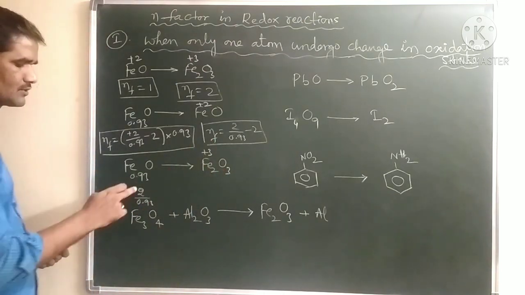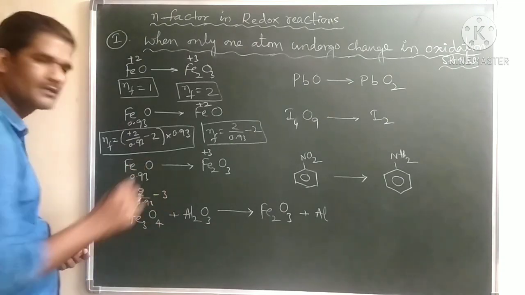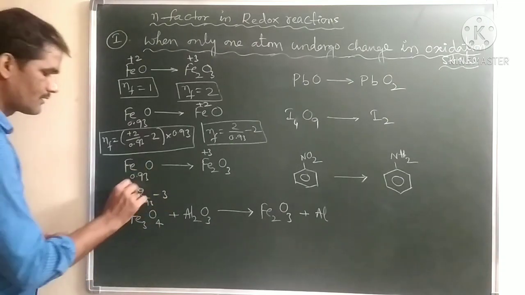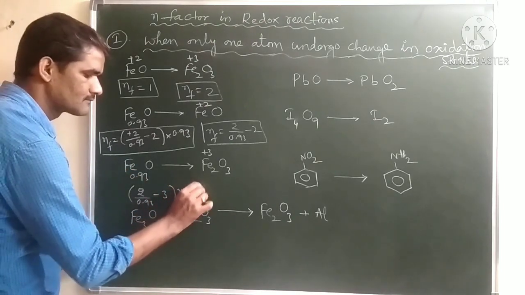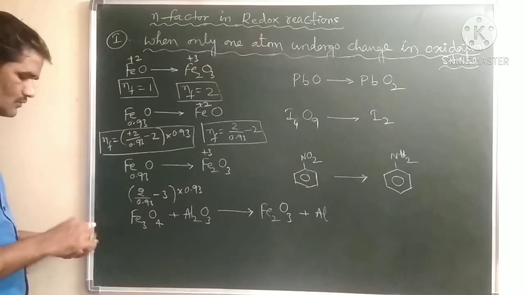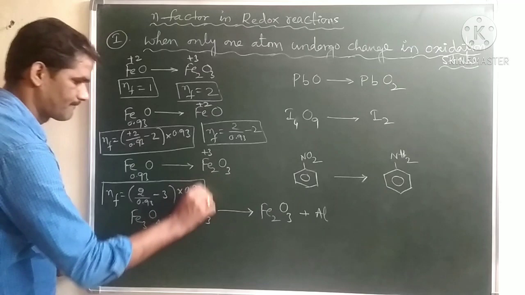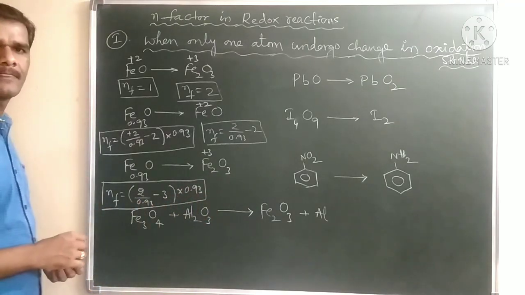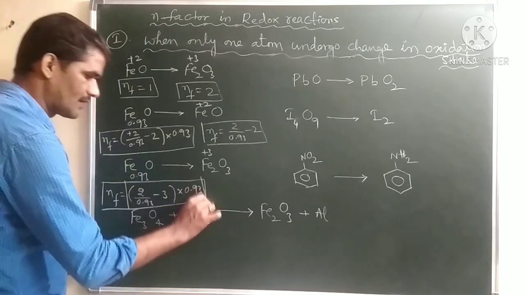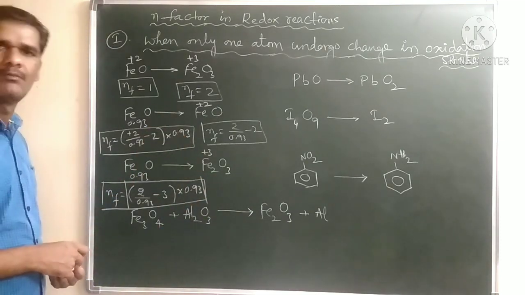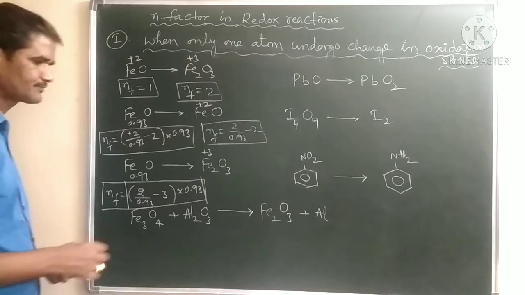Now the change is 2 by 0.93 to 3, and there are 0.93 atoms, so this is the overall N factor. Always we have to take the N factor as the mod value. Here we get the resultant value negative, but we have to take the mod. Always N factor is positive, not negative.